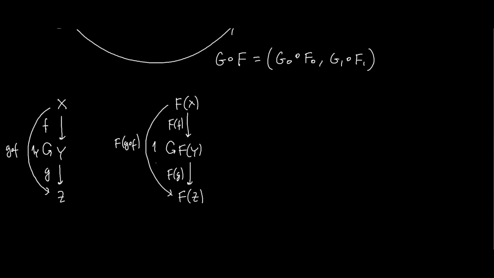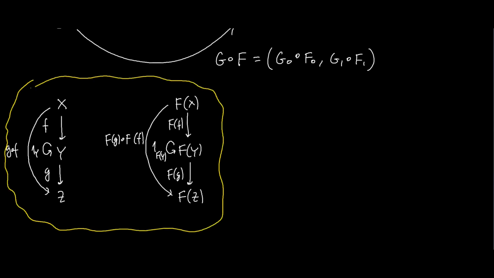So here we have the identity morphism of F of y. Maybe I should be more consistent and write F of g composed with F of f. But I keep in mind that this actually must be F applied to that composite, because F must preserve composition. Then, with this explanation, this picture is an illustration of what it means for F to be a functor.